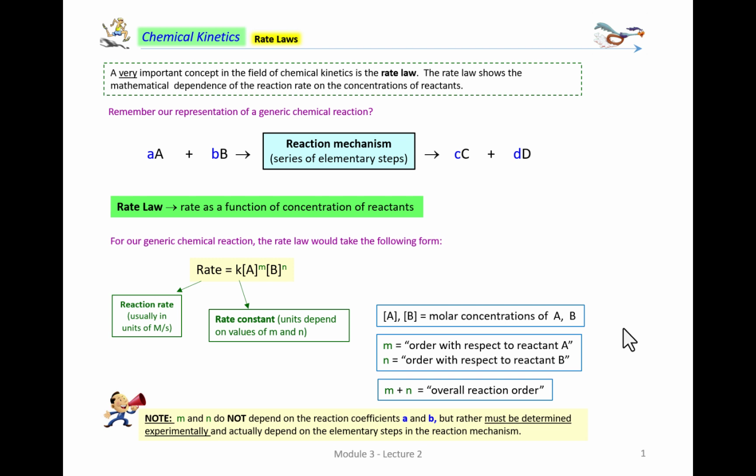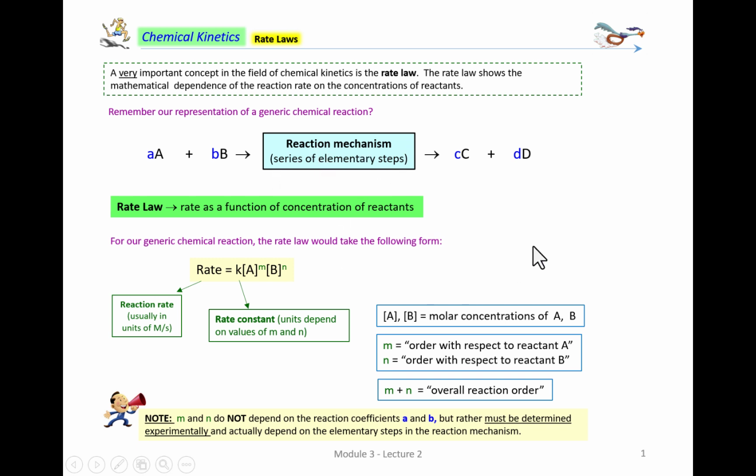Something very important to note here is that m and n do not depend on the reaction coefficients a and b. That's why we don't have a here instead of an m for the reactant A and b here instead of n for the reactant B. These exponents, or powers, have to be determined experimentally, and what they are actually depends on what the reaction mechanism is.